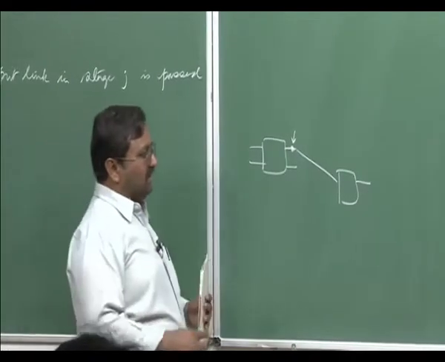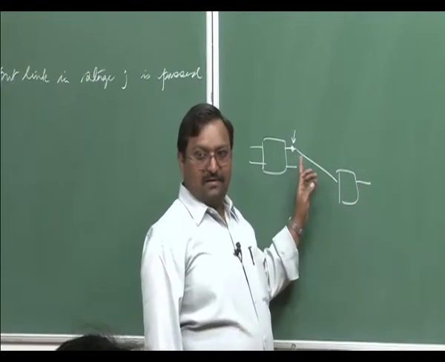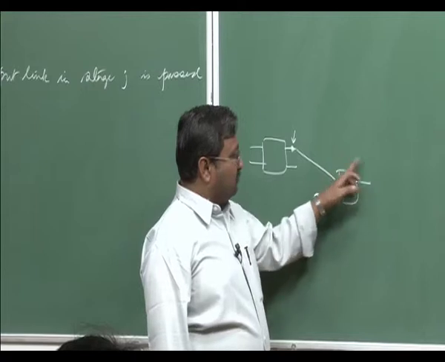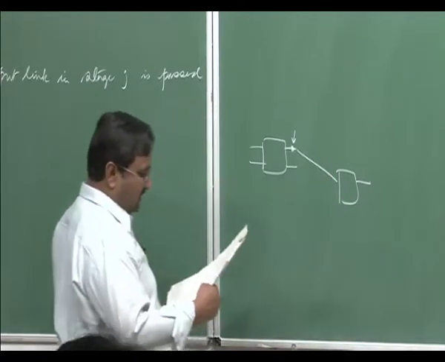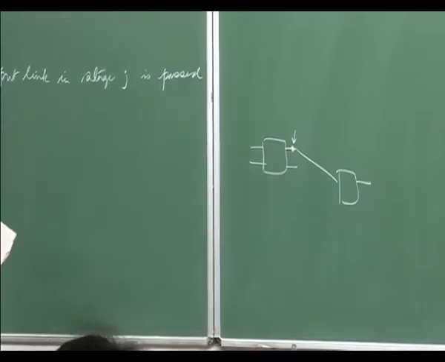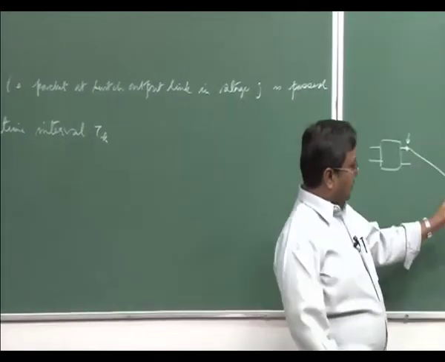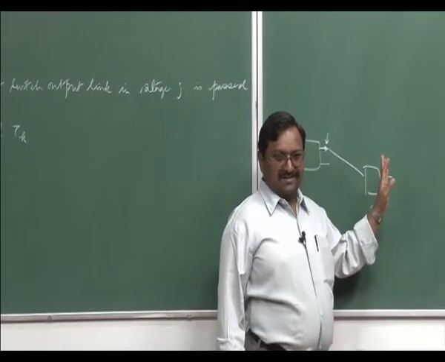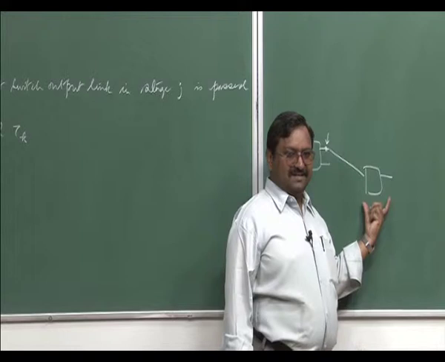Remember, step 1 is when this packet goes out, and after step 1 the packet has to jump from here to here. So after j plus 1, if the packet on the outgoing link has gone out, that is, step 1 is over, what is the probability that it will be in which state?